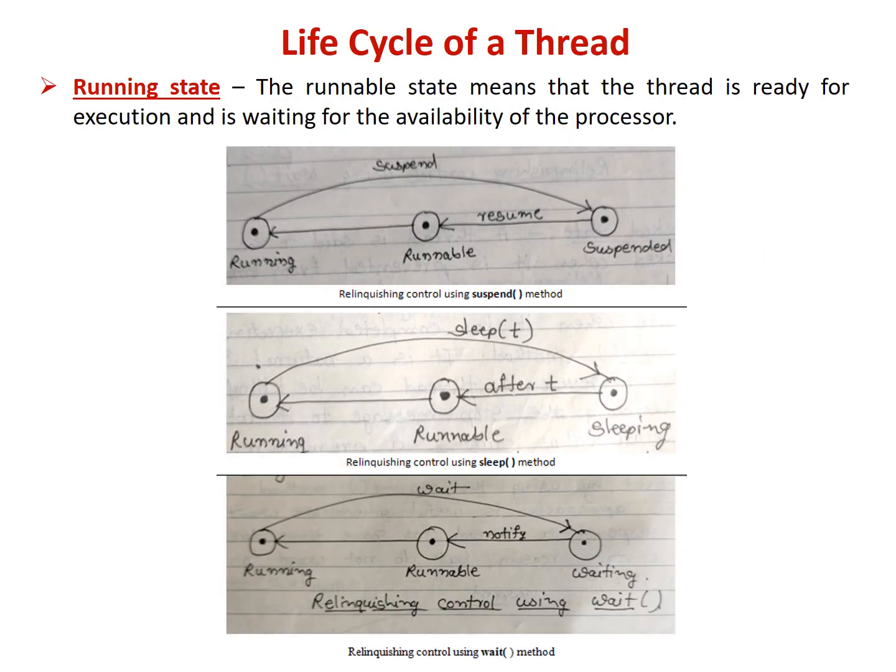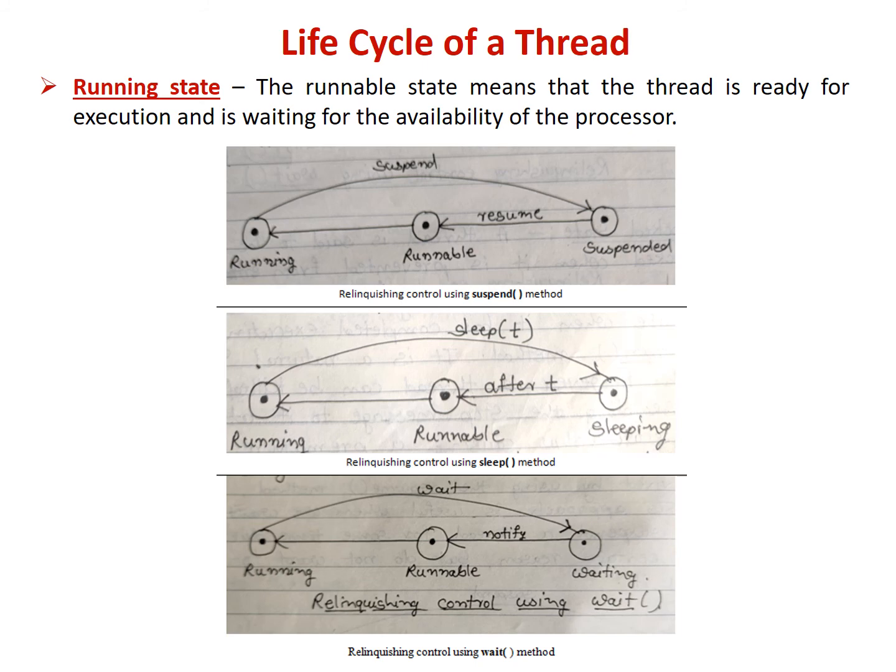Now, the running state. Running means that the processor has given its time to the thread for its execution. The thread runs until it relinquishes control on its own or it is preempted by a higher priority thread. A running thread may relinquish its control in one of the following situations.